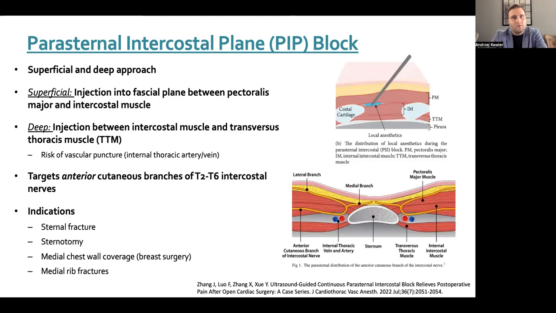So there is both a superficial and deep approach to these blocks. The superficial approach, which tends to be more common and many would argue is safer overall, is injecting in the fascial plane between the pectoralis major and intercostal muscles. So you can see that in the depiction on the top right-hand corner.